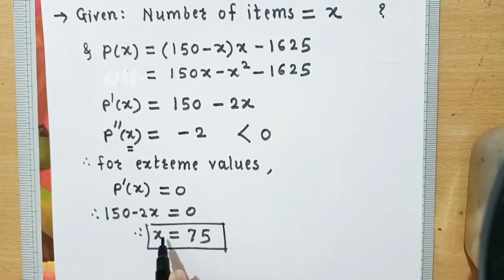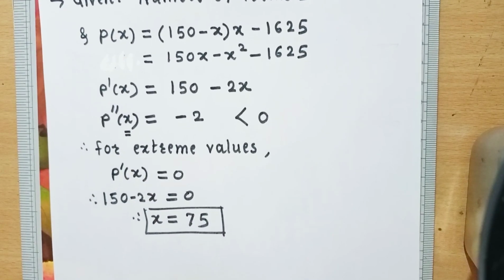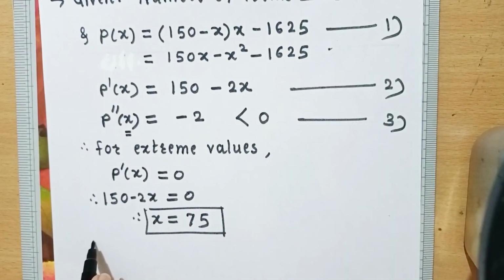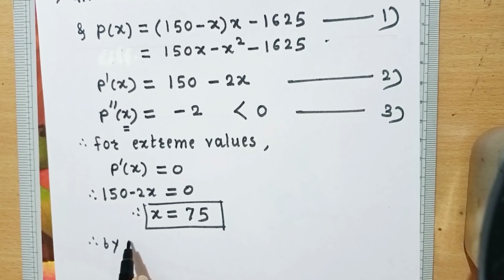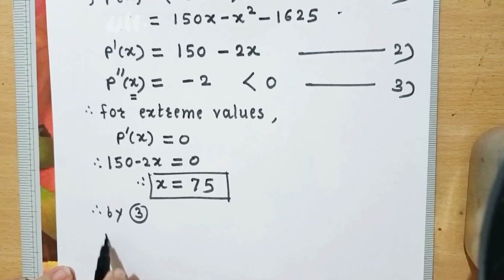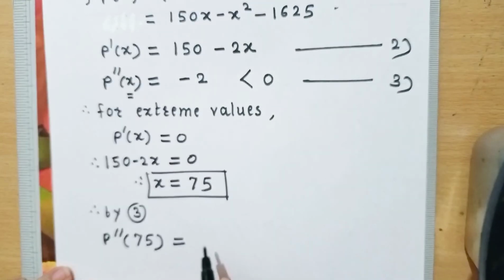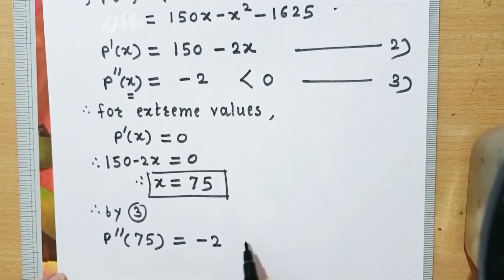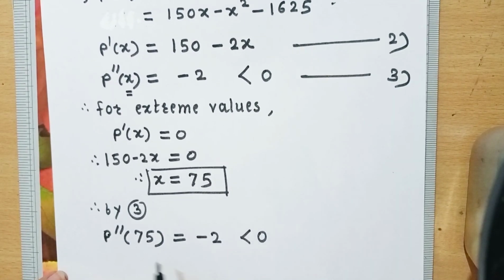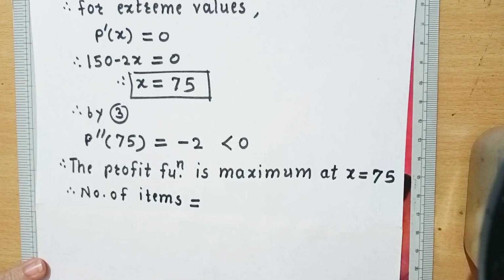And now substitute this in the second order derivative. So p double dash of 75, and this is constant, so we will write minus 2 as it is. This is less than 0, so we can say that the profit function is maximum at x is equal to 75. X means number of items.